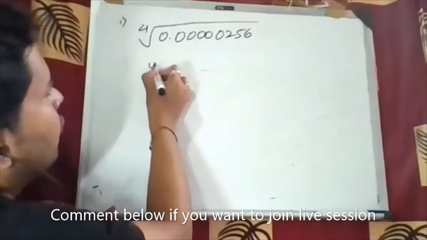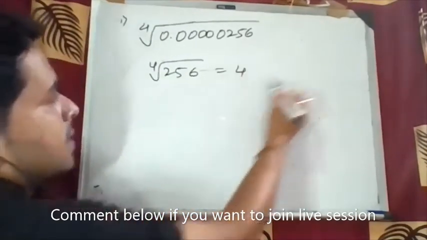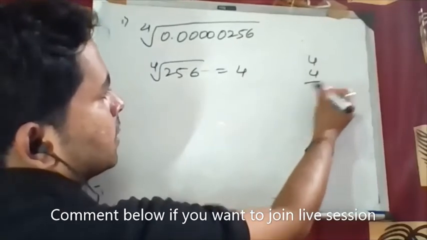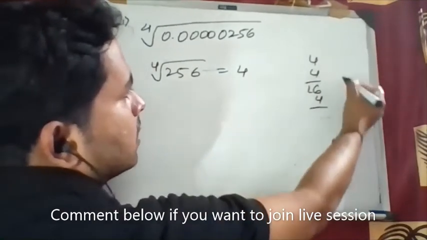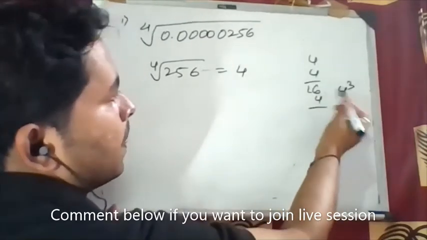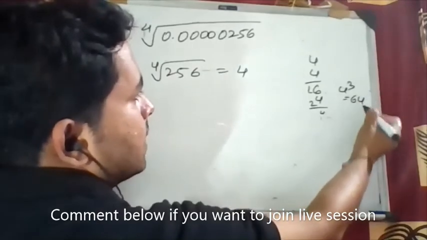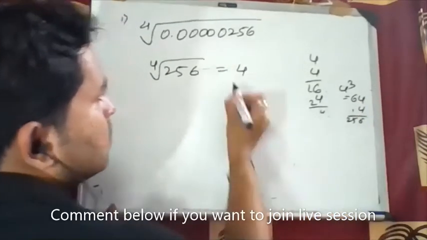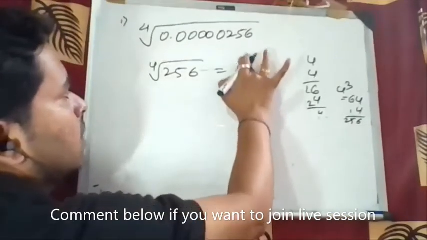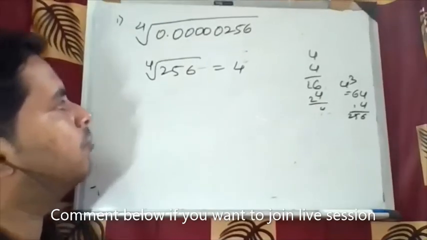I know the 4th root of 256. What is its answer? 4. How? 4 4s are 16. 16 4s are 64, that is 4 cube. Again 64 4s are 256. So this is 4 to the power 4. So the 4th root of that value is 4.